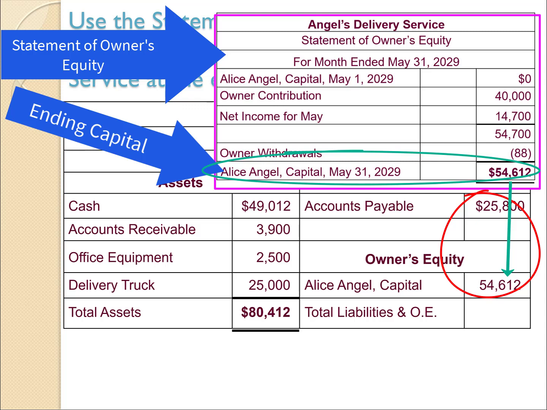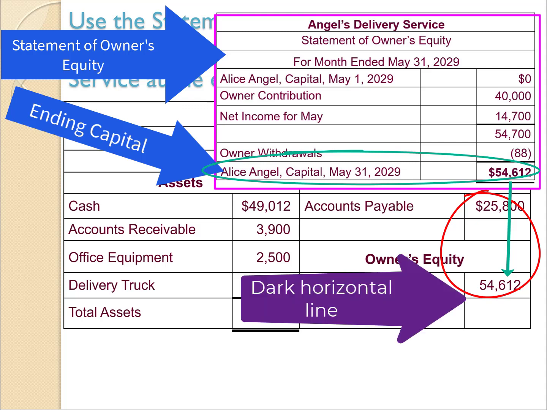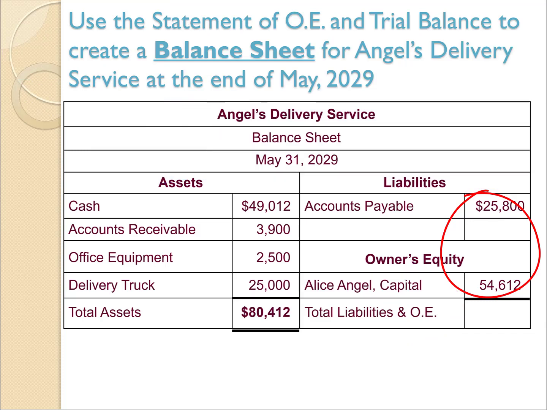So what do we do to tell our readers that we're adding or doing some type of mathematical operation? We put a horizontal line, a dark one right here. And we're going to add those two numbers and hope and pray that it equals total assets. Because remember, the balance sheet must balance. Total assets must equal total liabilities plus owner's equity.